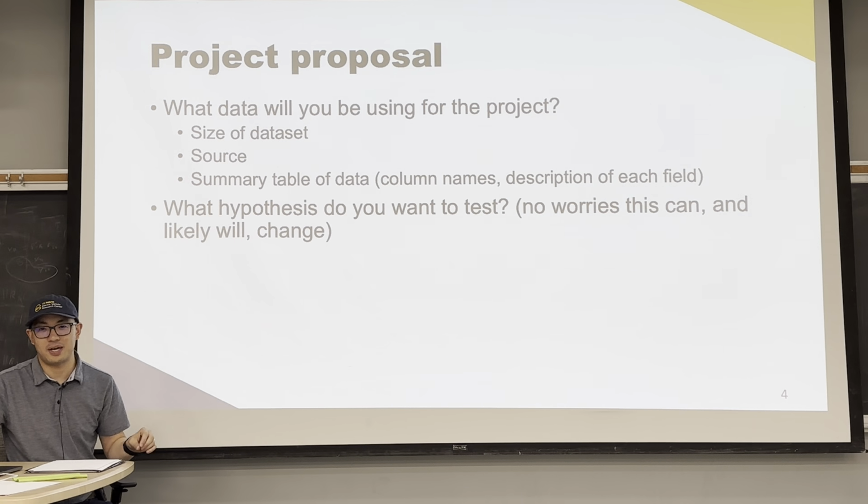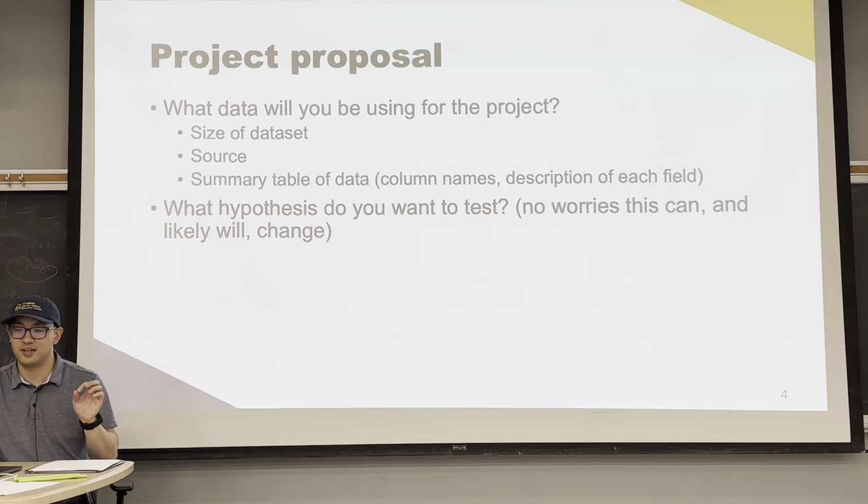It is not necessarily expected that your work is set in stone. You might change your idea later on, and that's totally fine. But I do want folks to start thinking actively about what they might do for their project.